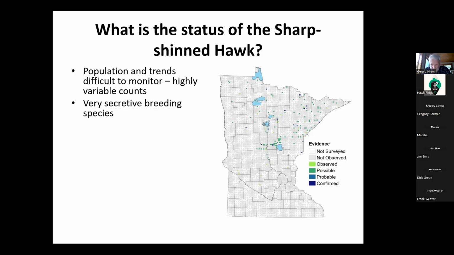You'll see very few blue marks on this for confirmed nests in the breeding bird atlas shown on the right. I see a little one west of Mille Lacs Lake and a few there, but not many nests of this species were found. So it's really a challenging task. Again, the sharp-shinned hawk was the first one ever mentioned about this whole migratory short stopping.